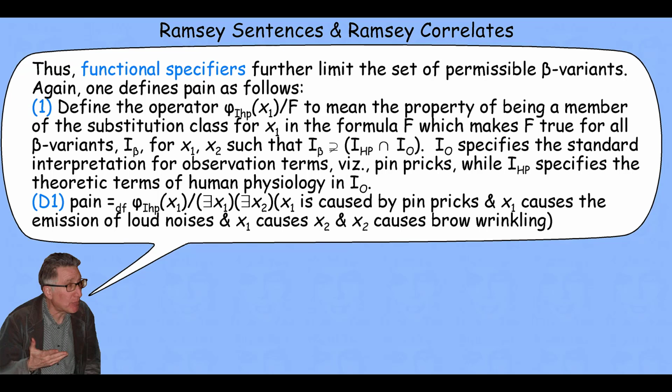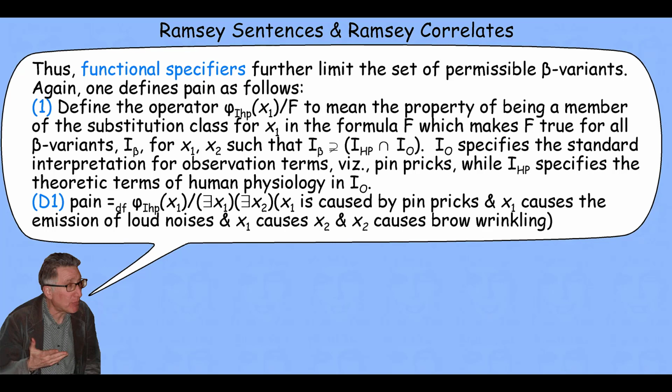Define the operator phi I_HP of x1 over f to mean the property of being a member of the substitution class for x1 in the formula f, which makes f true for all beta variants I_beta for x1 and x2, such that I_beta is a proper subset of the intersection between our object language and our human physiology typology.